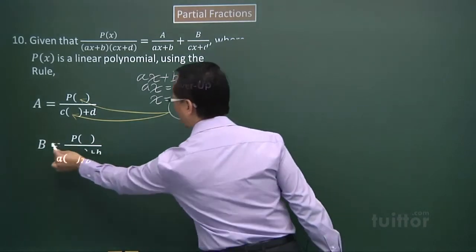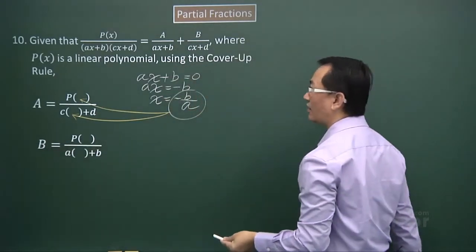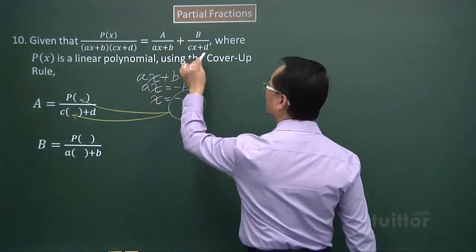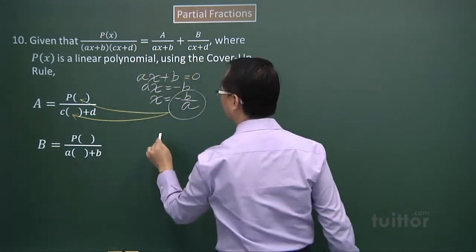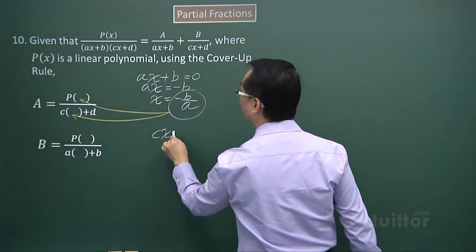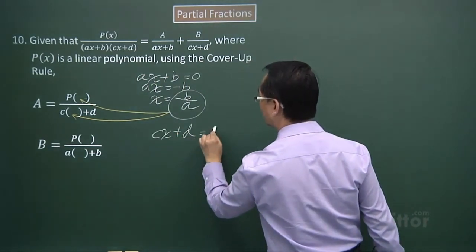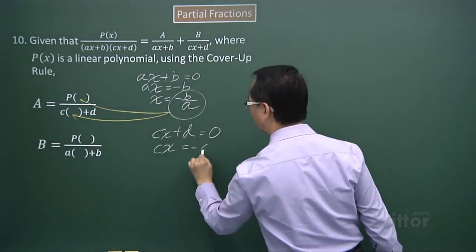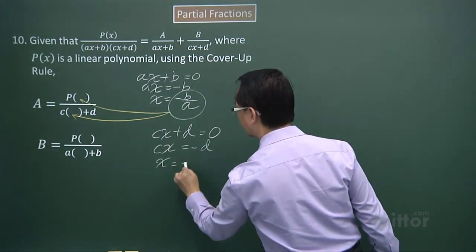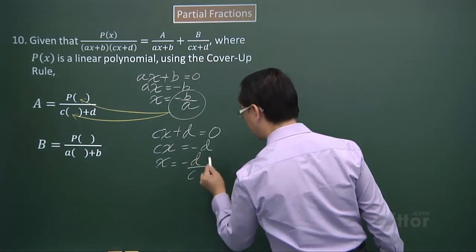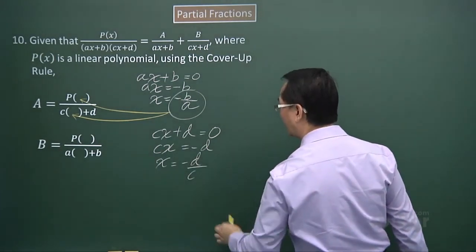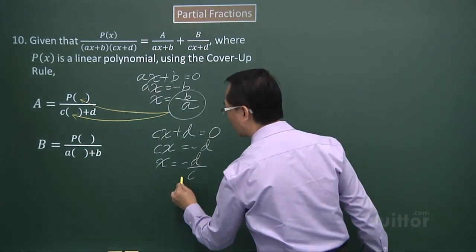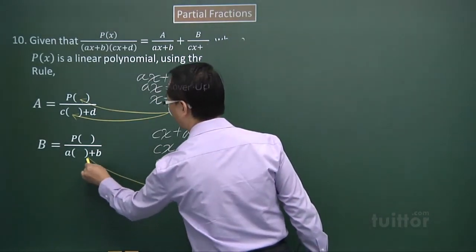So for the b value to be worked out in this cover-up rule, I will have to take this factor, cx plus d, equated to 0. So cx equals negative d. X is just negative d on c. Now that value of x will be put into this form.